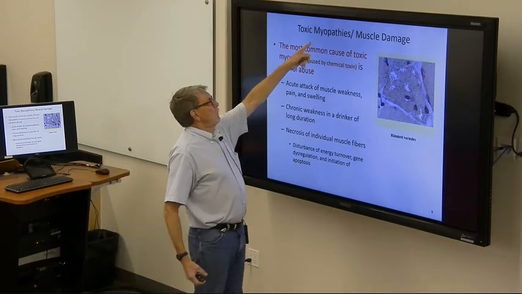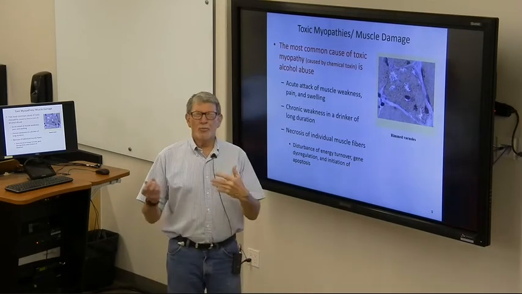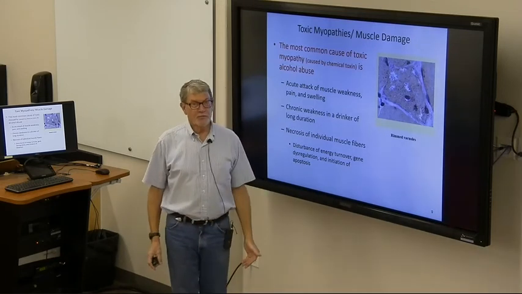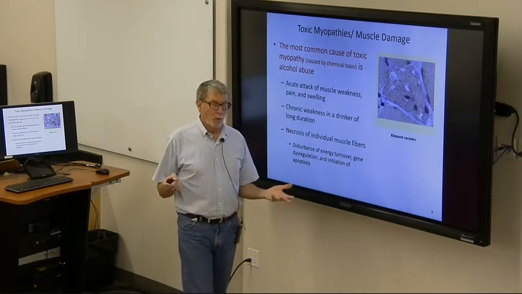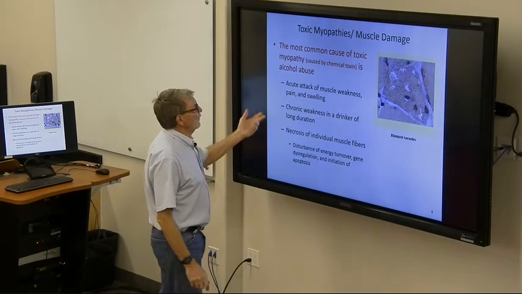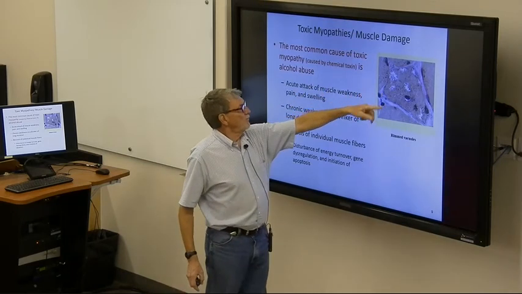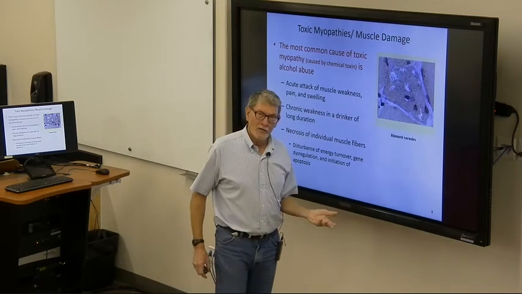Muscle disease or muscle damage can be caused by toxic chemicals. You can eat things that are poisonous and cause it. The most common cause of toxic myopathy is overconsumption of alcohol.